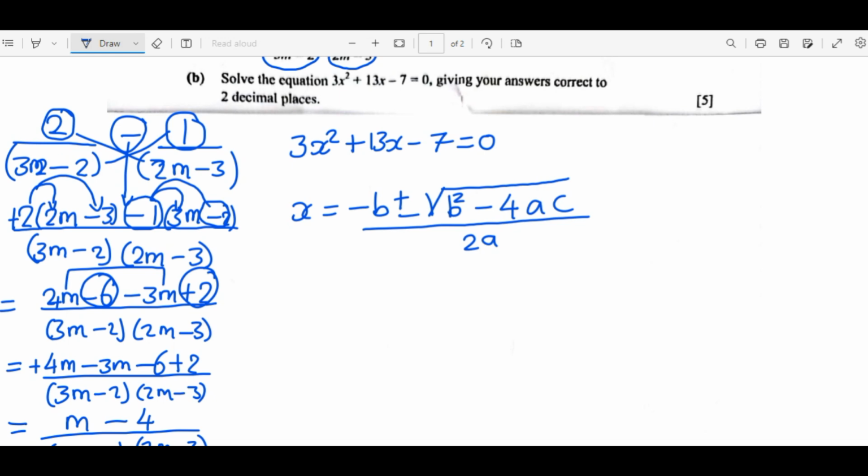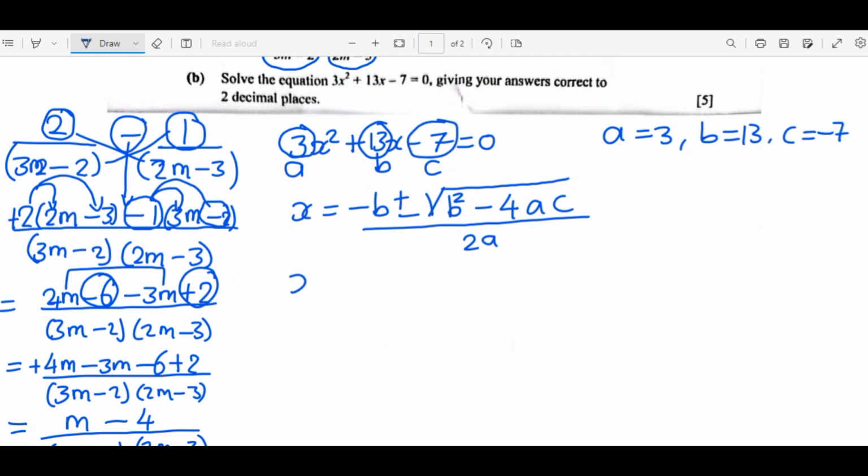We need to identify the value of a, b, and c. The coefficient of x squared is a, the coefficient of x is b, then the number without the letter is c. So a is equal to 3, b is equal to 13, c is equal to negative 7.